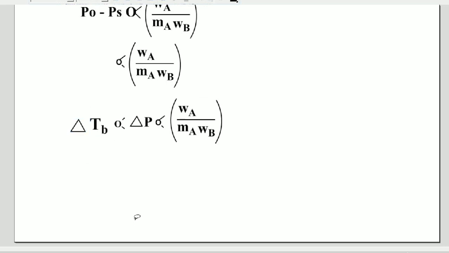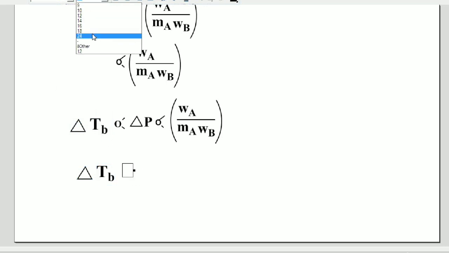Now students, to remove this proportionality, we can introduce a proportionality constant.